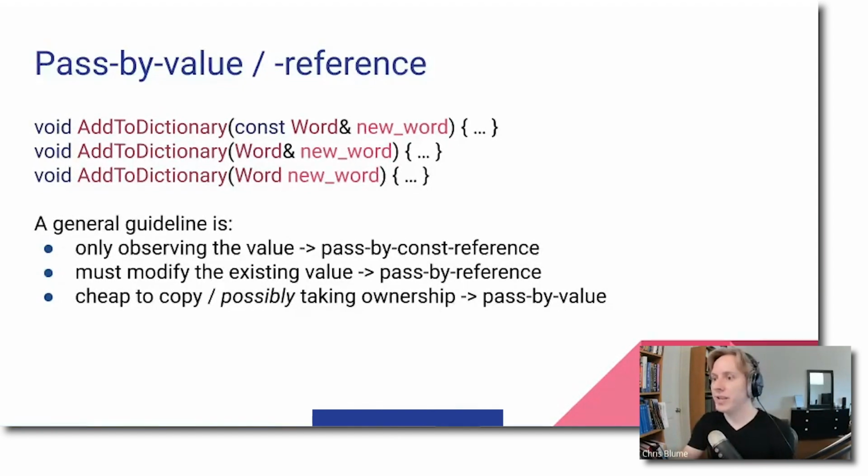At the end of this presentation, if I have time, I'm going to talk about move semantics. But move semantics basically is the idea of passing ownership around. If somebody says, I'm done with this, I want you to take it from now on, and I'm never going to touch it again, that's when we would also use pass by value.